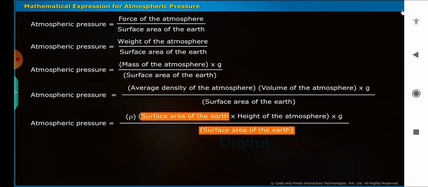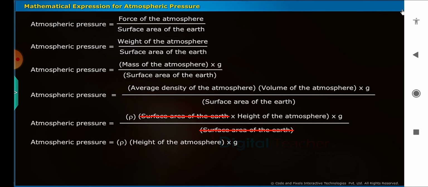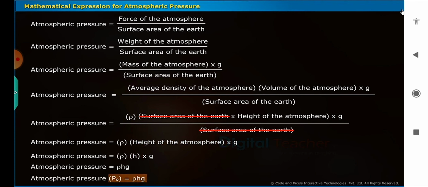Here, the surface area of the Earth gets cancelled. Therefore, the atmospheric pressure is equal to rho into height of the atmosphere into g. Here, the height of the atmosphere is represented as h. Hence, atmospheric pressure P0 is equal to rho h g.